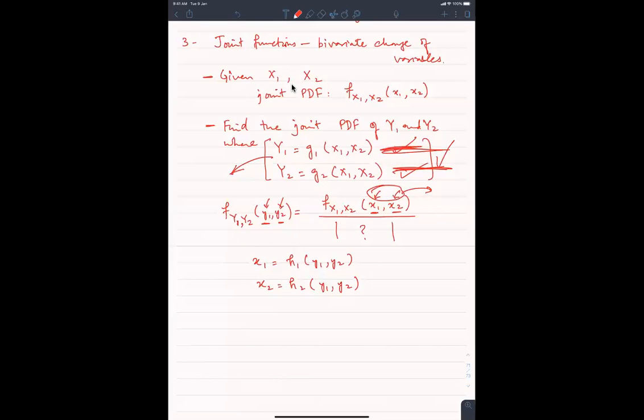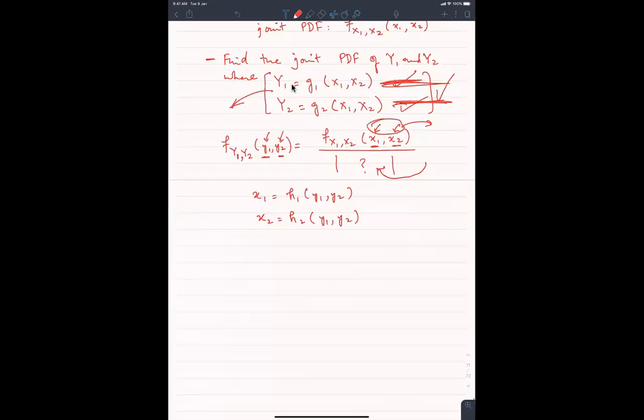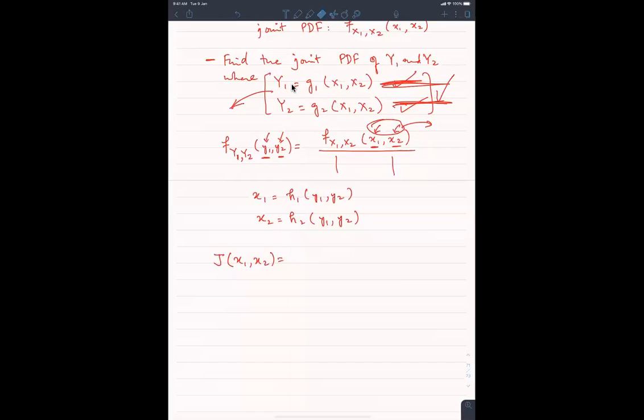Well, depend करता है कि वो what those functions g1 and g2 are. And what is this new denominator here? This denominator, J(x1, x2), is defined as follows. This guy here is going to be J(x1, x2). This is called the Jacobian.